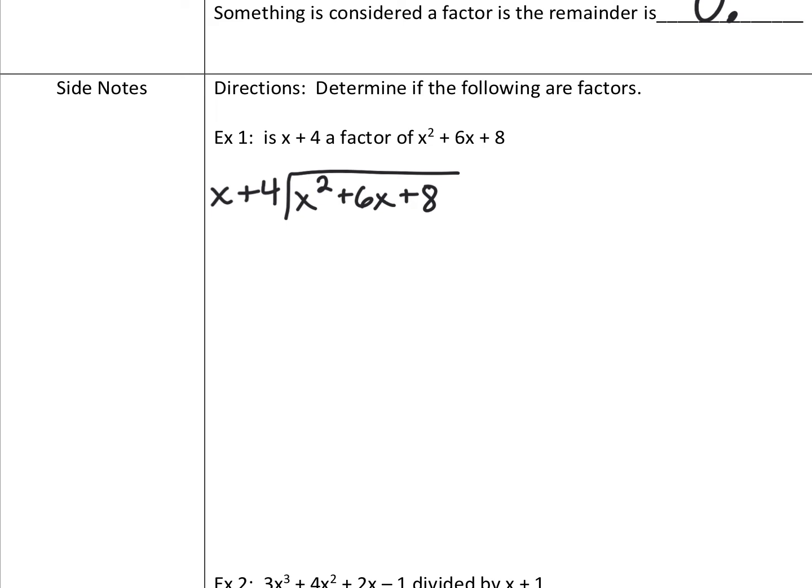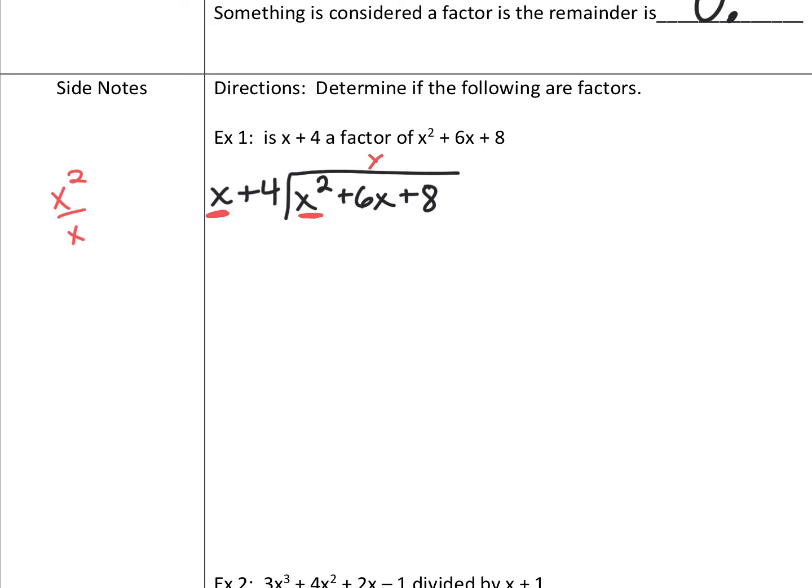What is our first step here? First term divided by first term. What is x squared divided by x? You can even write it over here if that helps you. What is it? X. So that needs to be placed up top. Okay.